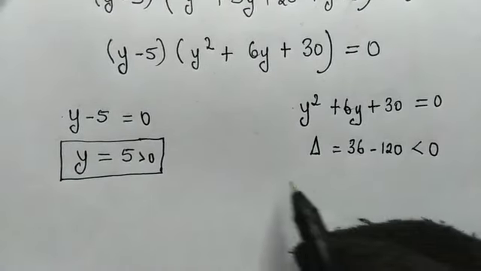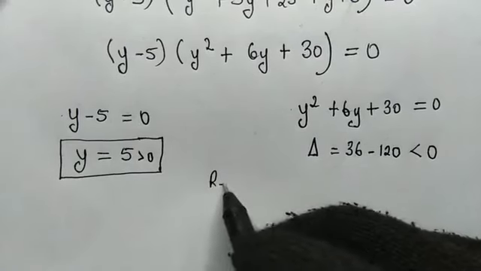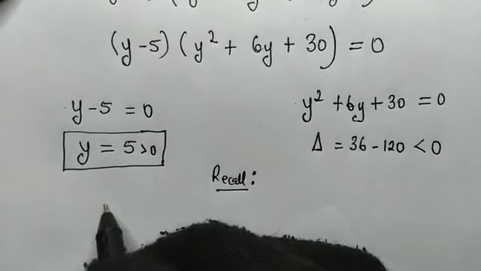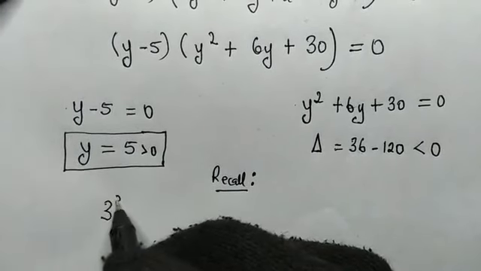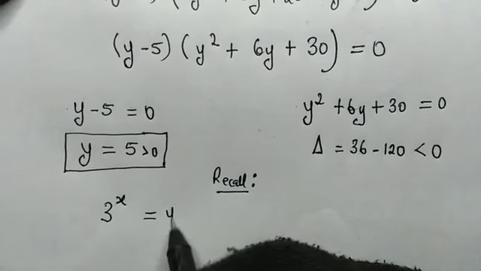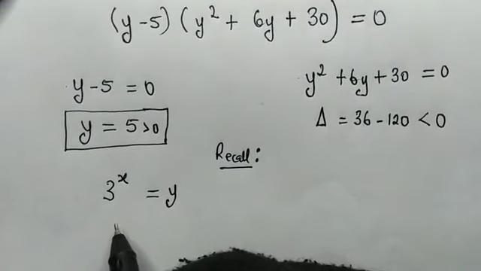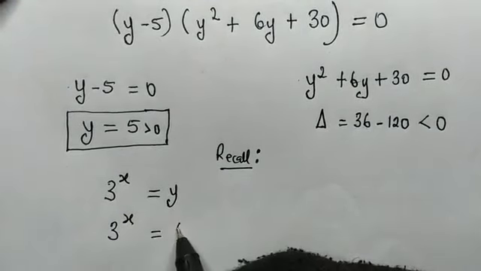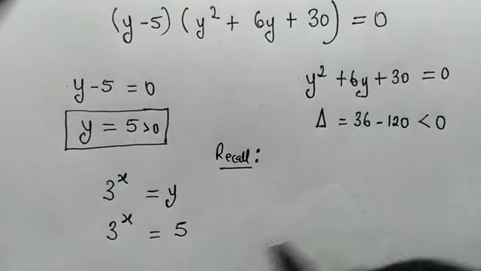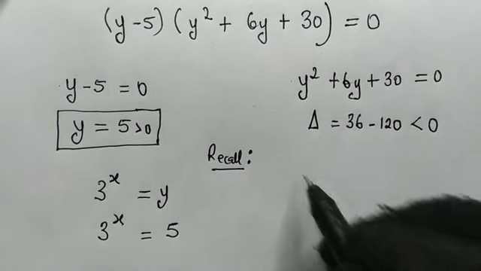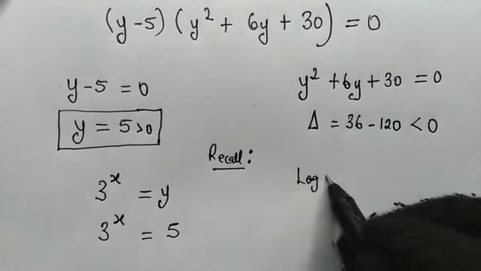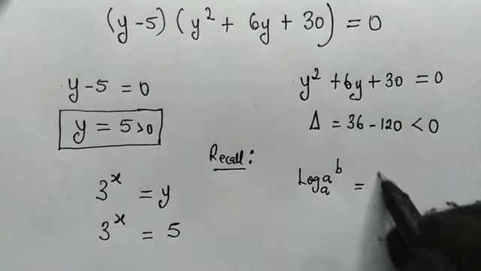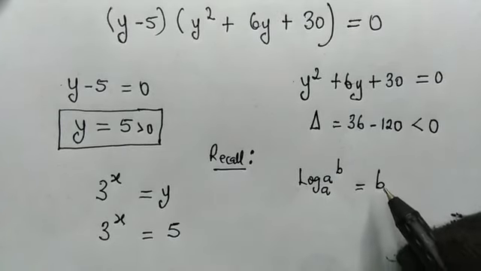Now let's recall that 3 to the power of x is equal to y, right? So here we get 3 to the power of x is equal to 5. Now let us take note of this: log of a to the power of b to the base a is just equal to b.